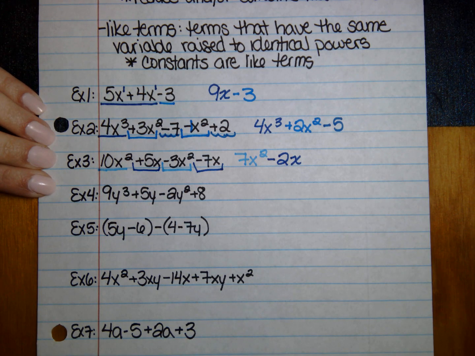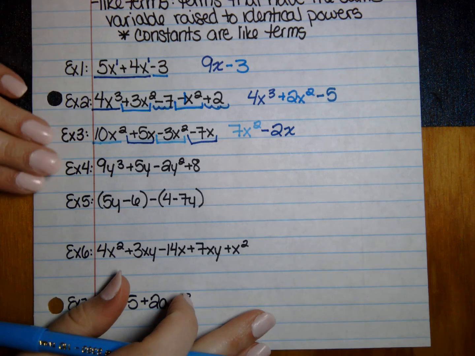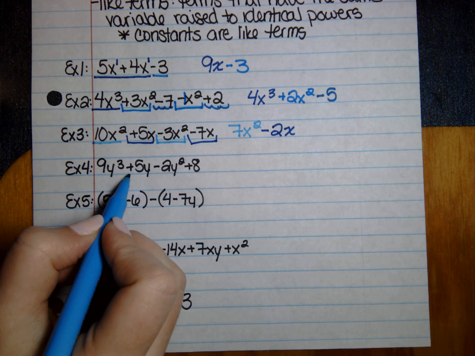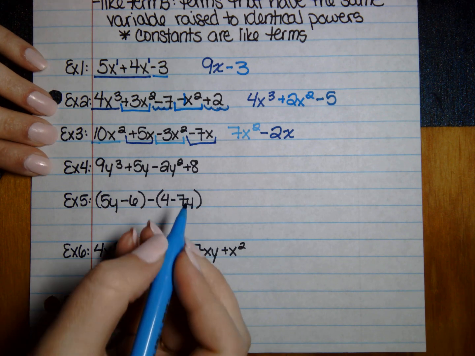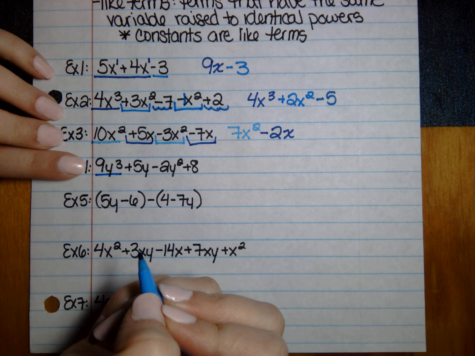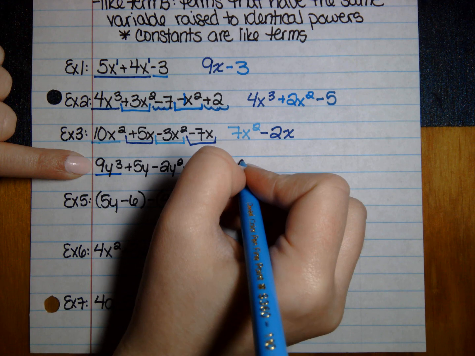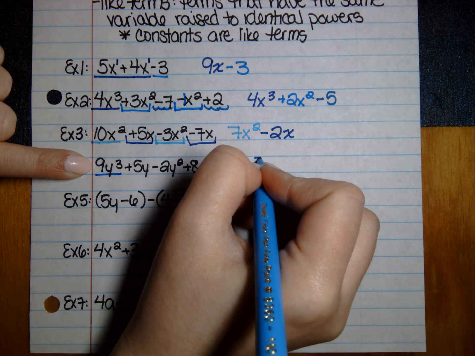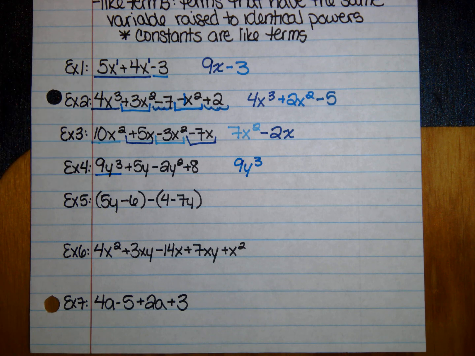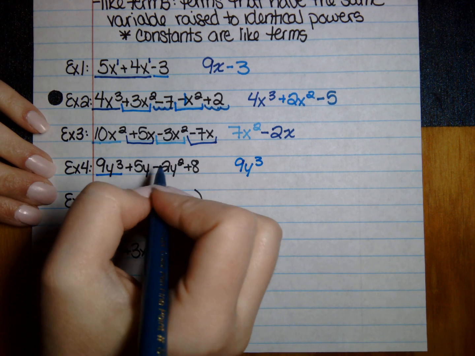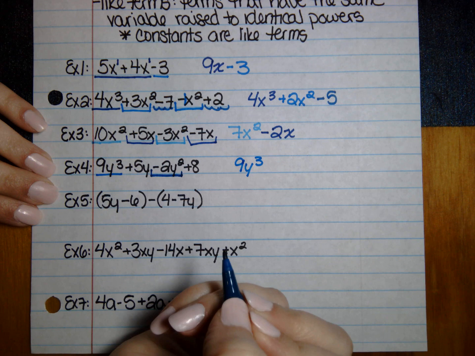If I look at example 4, I have 9y cubed plus 5y minus 2y squared plus 8. In this case, I'm looking at my cubes first. I only have one, so I have 9y to the third. My next highest exponent is a 2, so I'm looking at -2y squared.